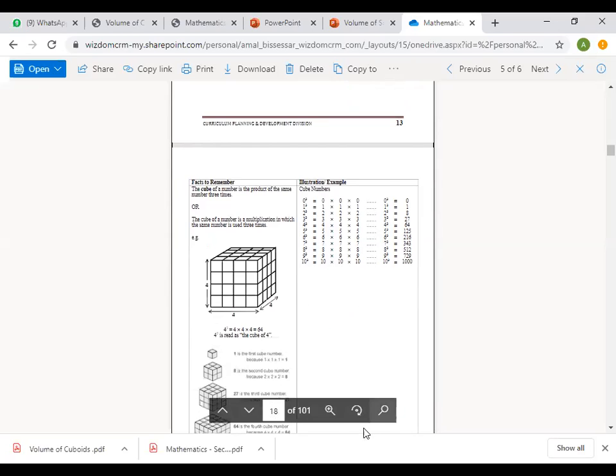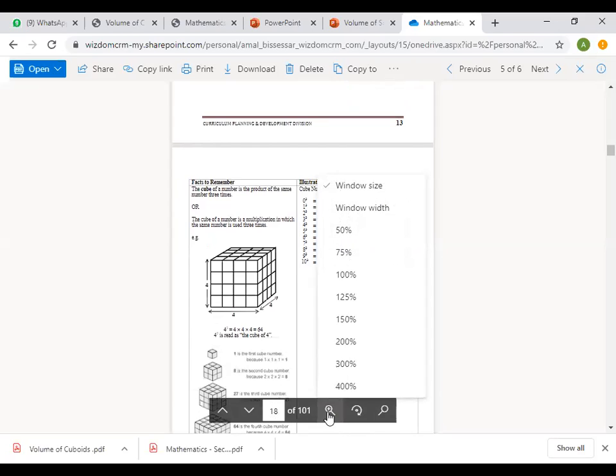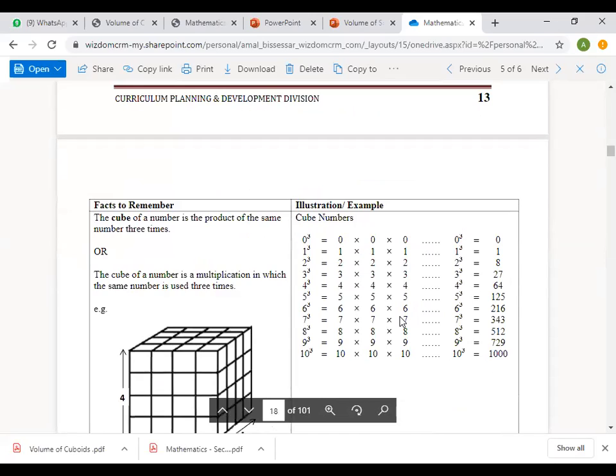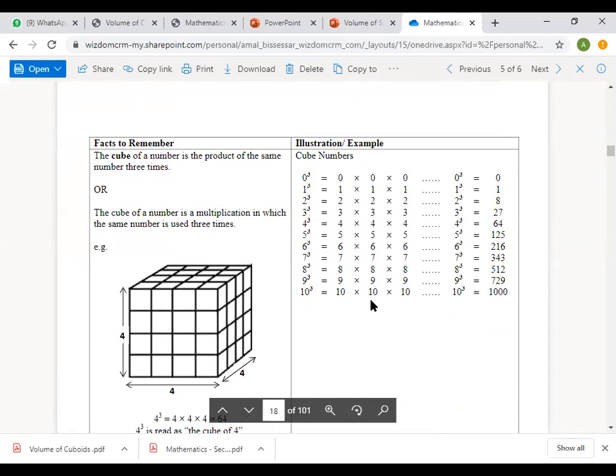This is it here. What page is this? One second. This is page 14 of the manual, which has volume of cuboids. 10 multiplied by 10 multiplied by 10 is 1,000 because 10 by 10 is 100, 100 by 10 is 1,000.